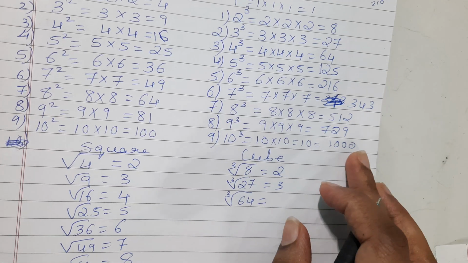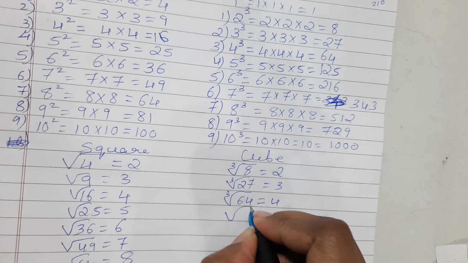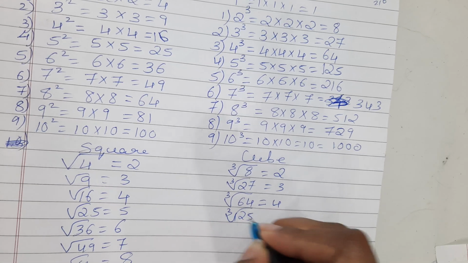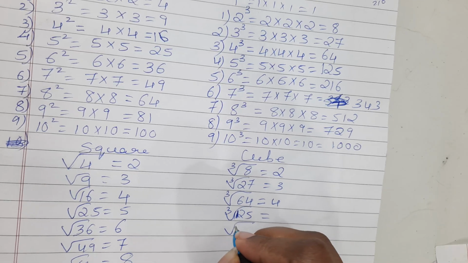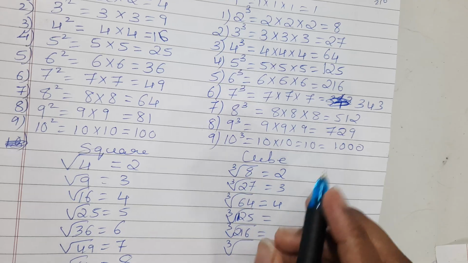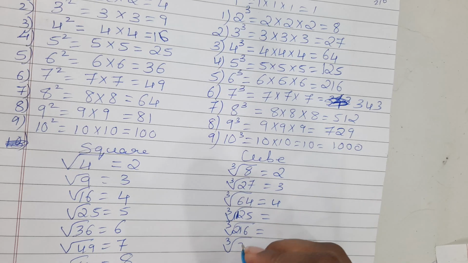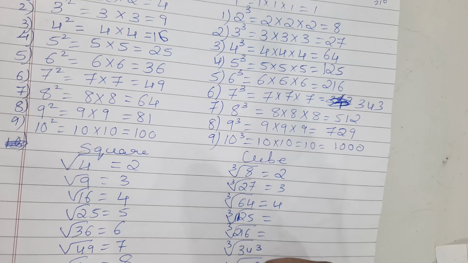Cube root of 64 will be 4. Then cube root of 125, then cube root of 216, cube root of 343, and cube root of 512.